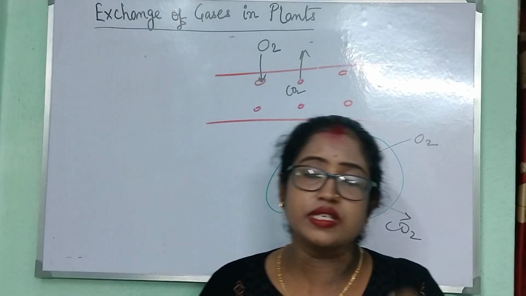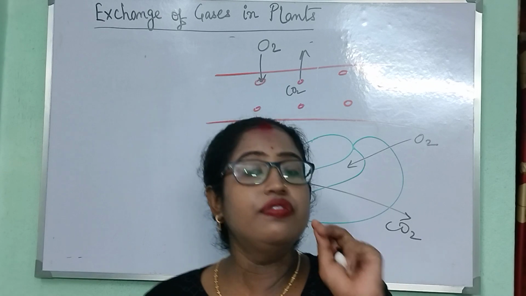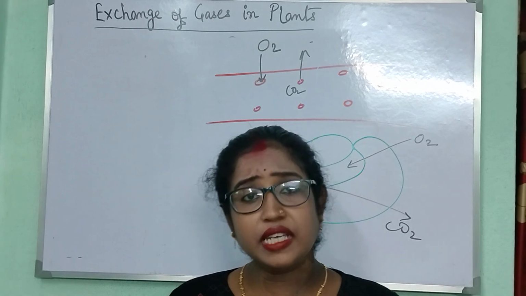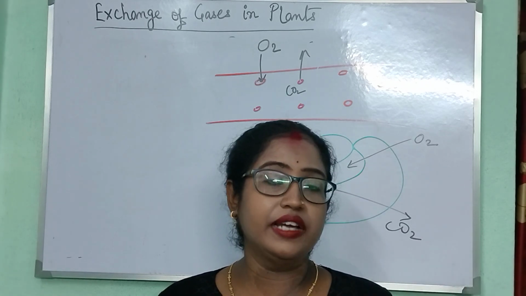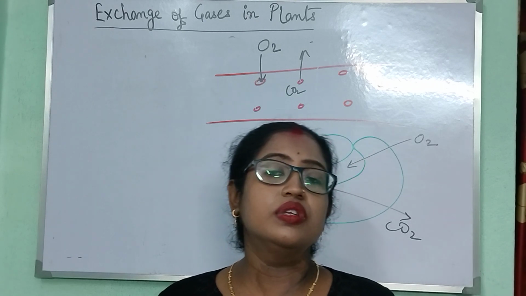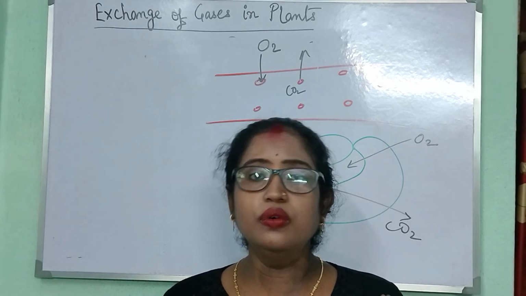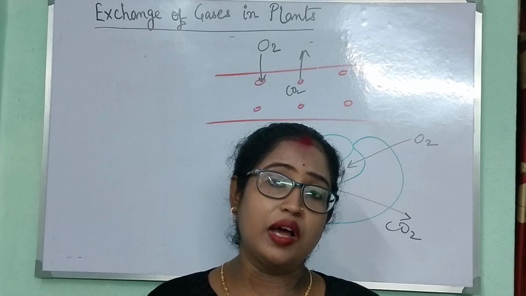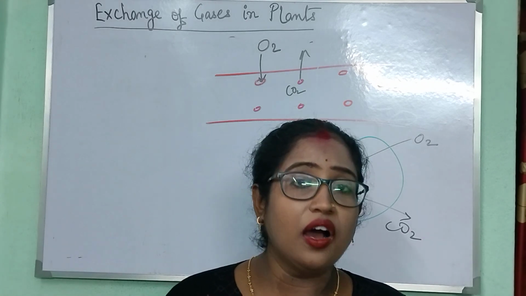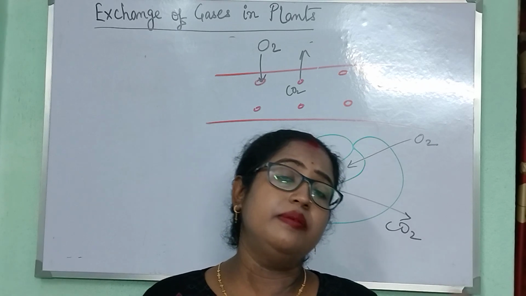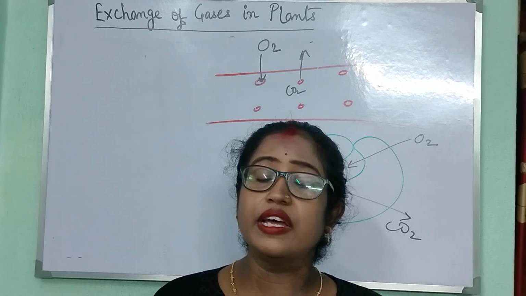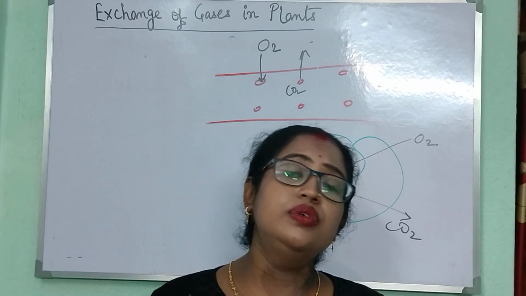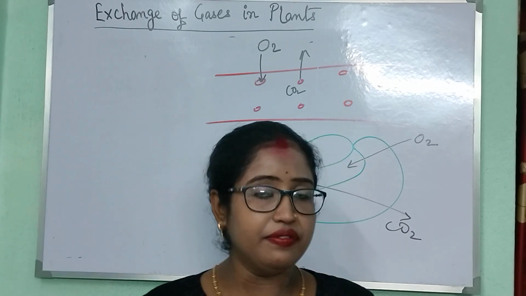The rate of respiration becomes higher at night time, but in daytime, due to the presence of sunlight, the photosynthesis process occurs, so the rate of respiration becomes slightly slower. And in daytime, the carbon dioxide that is eliminated by the plant cells via respiration process is taken up by their own body due to this photosynthesis event.